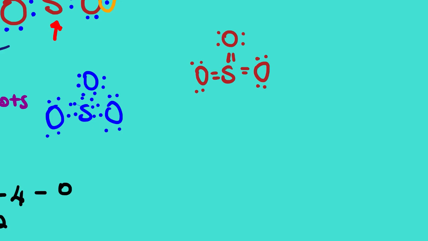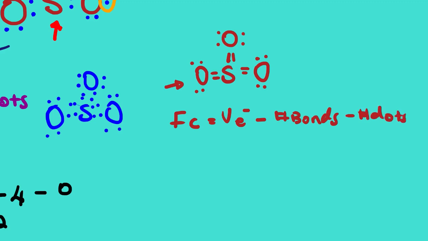Let us start with this oxygen, but we can see all these oxygens are identical, so we can perform the formal charge calculation only once, and it will be applicable to all of them. Oxygen has 6 valence electrons, minus the number of bonds, it has 2, minus the number of dots, it has 4.